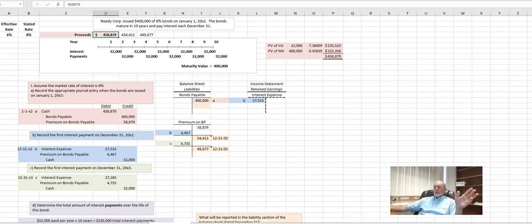Let me look at the amortization schedules for each of these. That word amortize means to make it gradually disappear. So at the beginning of any lending contract, an amortization schedule will be prepared, and that really provides the inputs to all of these journal entries that we've been making.